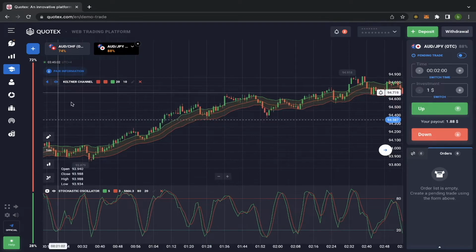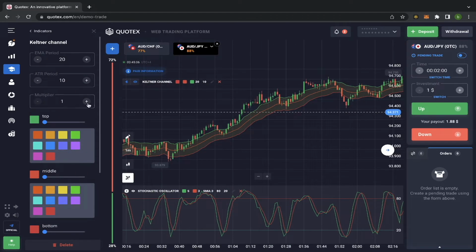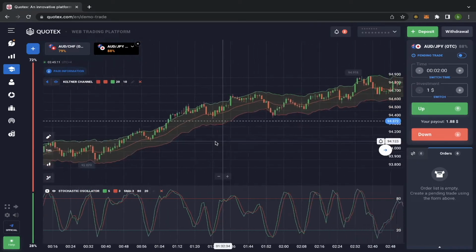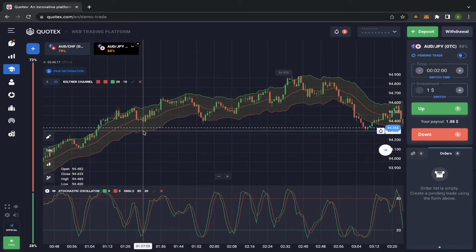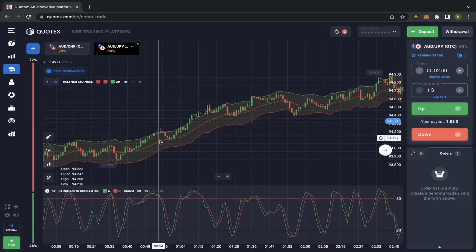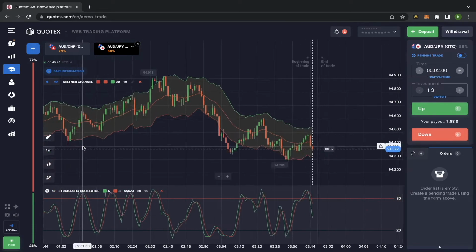So to avoid this problem, we'll go to Kettner channel, we'll change the multiplier to 2. And now you can see that, there you go. Now the candles are not out of the Kettner channel, but they're inside. So this gives us much more accurate signals. Before, you would have taken your sell trades over here, but right now you can only go for the ones that are actually breaking out.